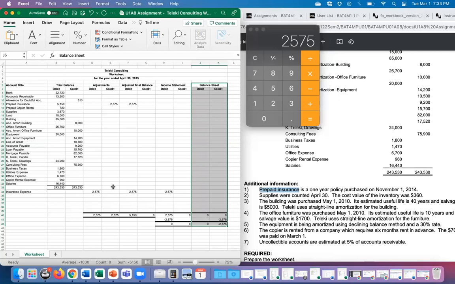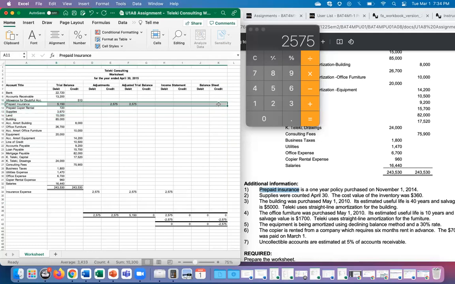So for this transaction that we've been working with, the prepaid insurance one, as I said earlier, prepaid insurance is an asset. So this debit account needs to be carried over and shown. The new balance needs to be shown on our balance sheet. We're just going to get that number from our adjusted trial balance.